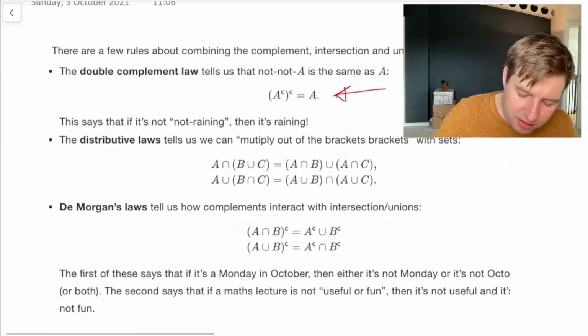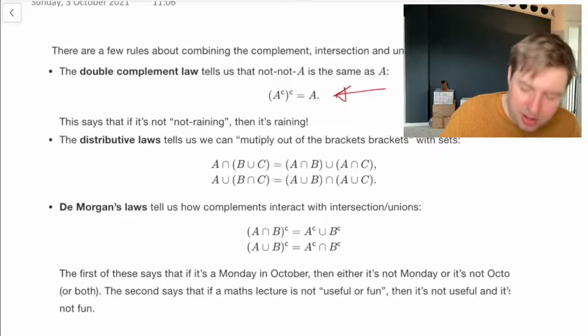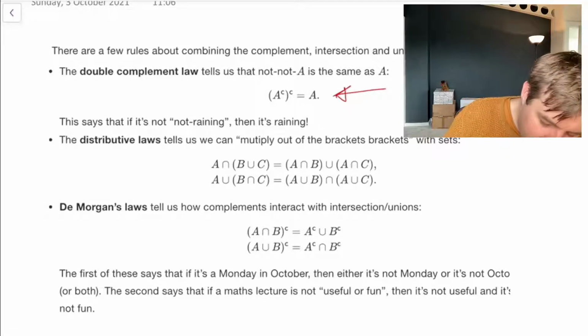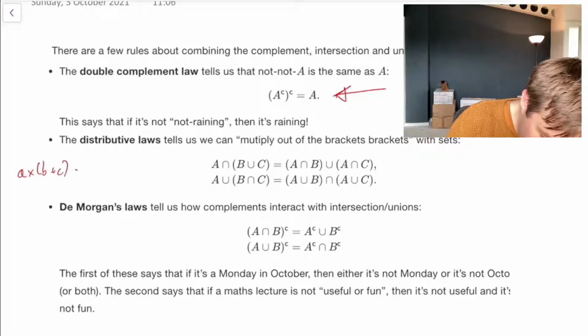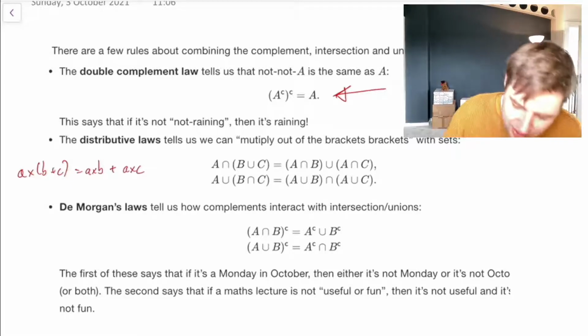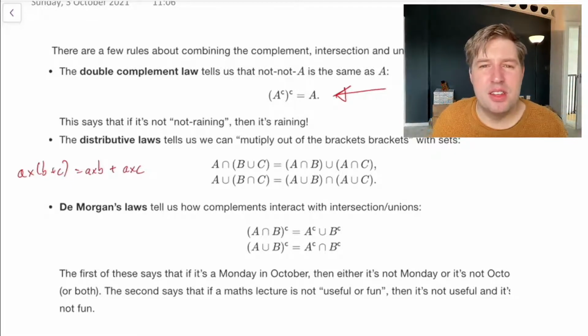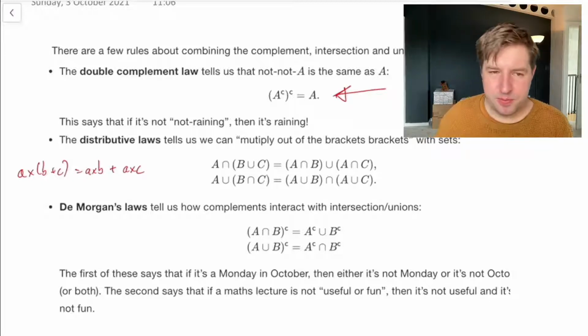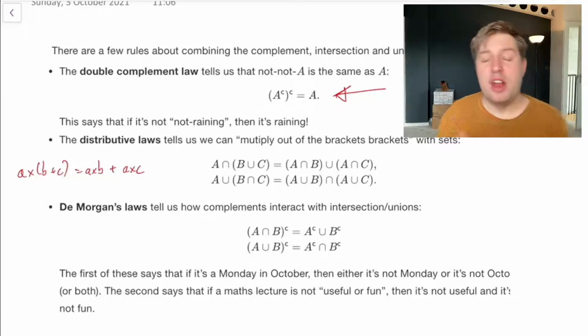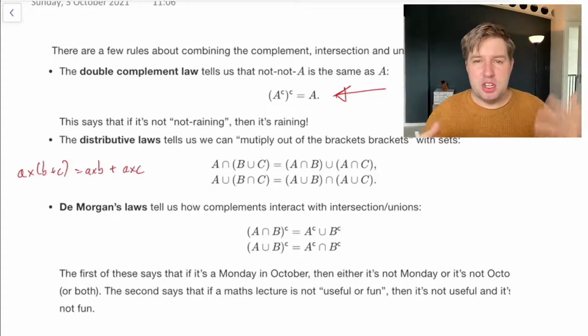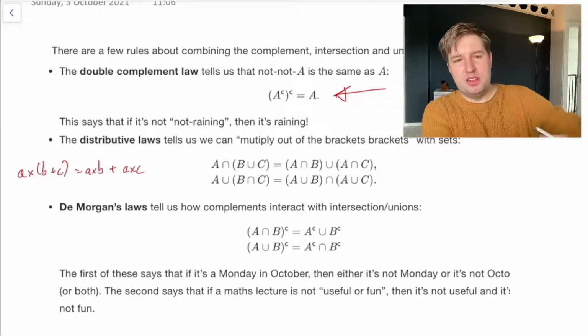You might compare these with what you know for normal numbers. You know that A times (B plus C) is equal to A times B plus A times C. And these are like the equivalent for sets. You can multiply out of brackets the same way. And De Morgan's laws tell us how we combine intersection and union with complement.